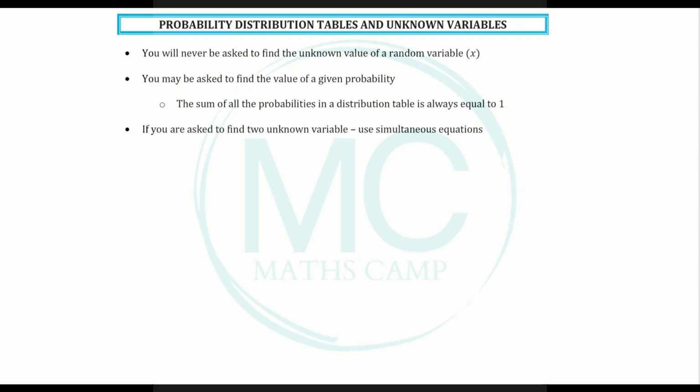If you are asked to find two unknown variables, use simultaneous equations. In most cases in your exam, you'll be given the estimated mean, and you can use this to create a second equation. Let's look at an example.